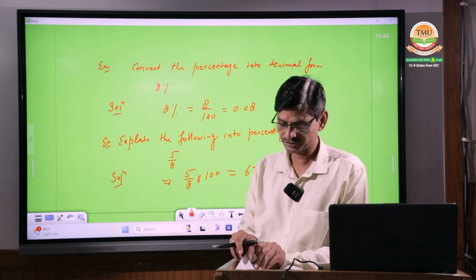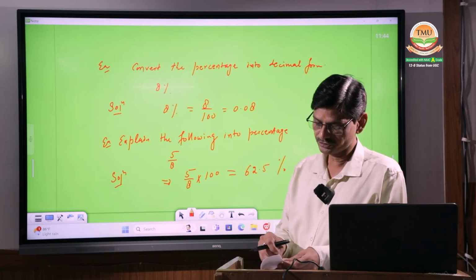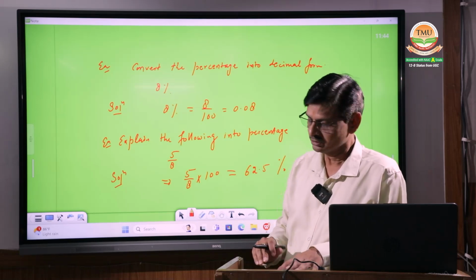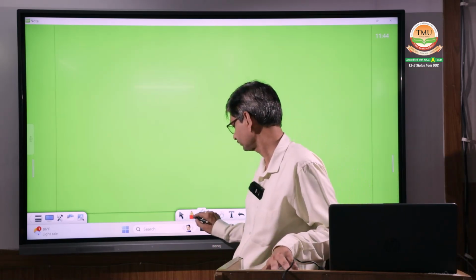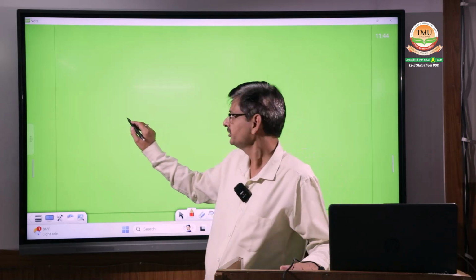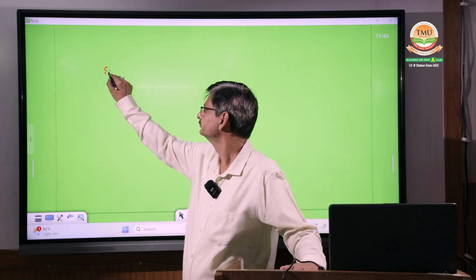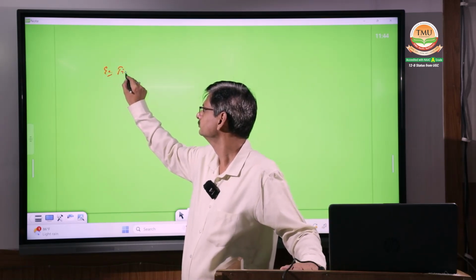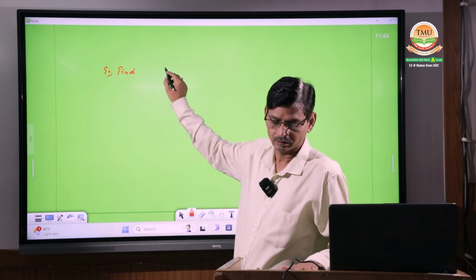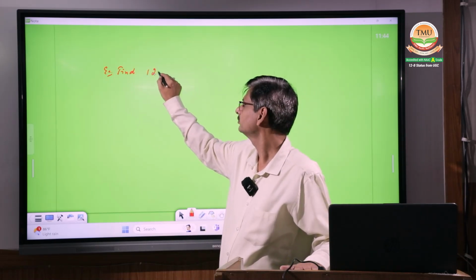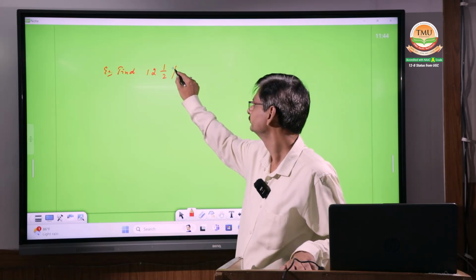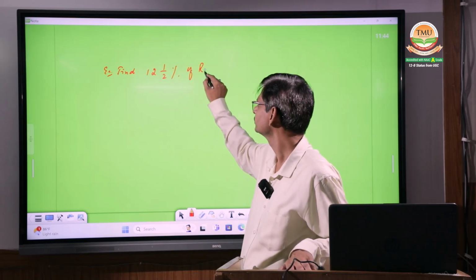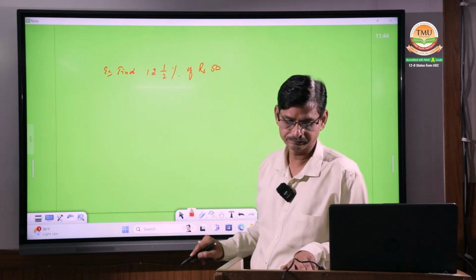This is the conversion of digit in percentage. Another question of percentage is, suppose find 12 1 upon 2% of rupees 50.